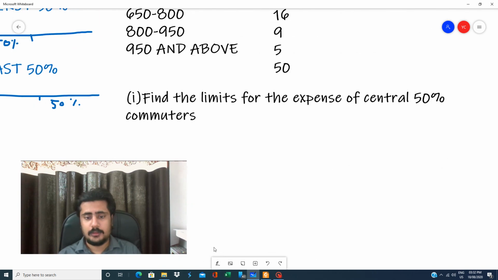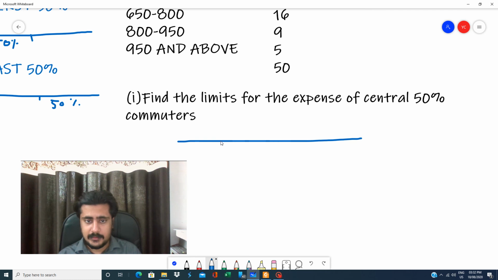What does this central 50 mean? This is central 50. Now, if this is central 50, then it is obvious that here it is 25 and here it is 25. Then and only then you need to find central 50 now.